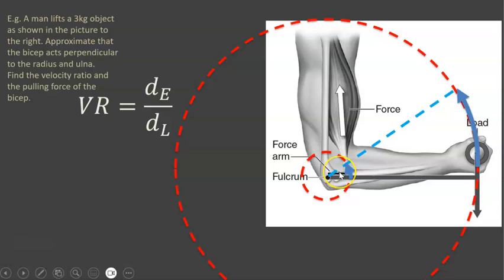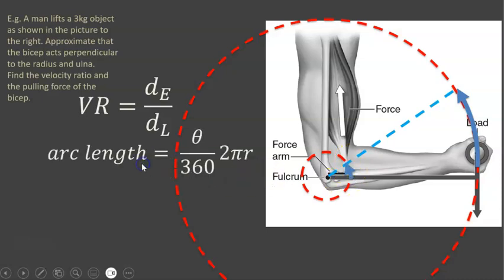For any given angle that I move through, the effort traces out one fraction of the circumference of a small circle, and the load goes through the same fraction but of the big circle. There are 360 degrees in one revolution, so if I know the angle, I get the fraction of the circumference.